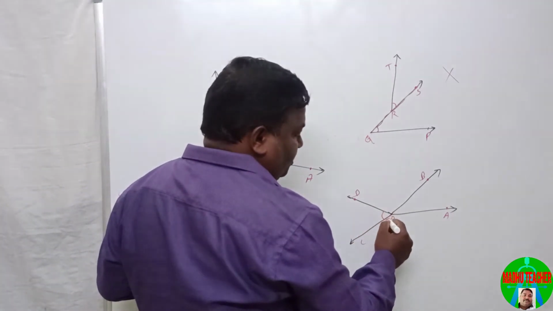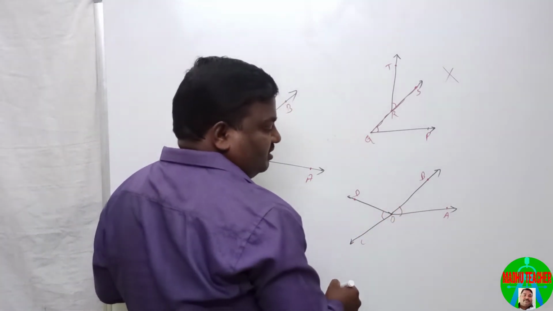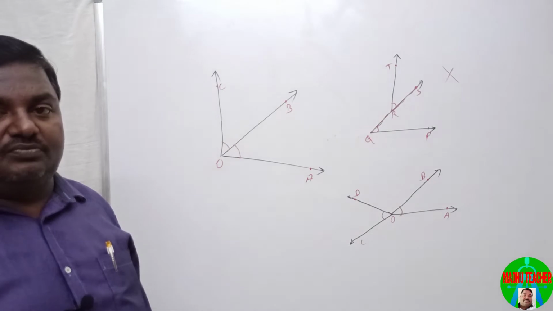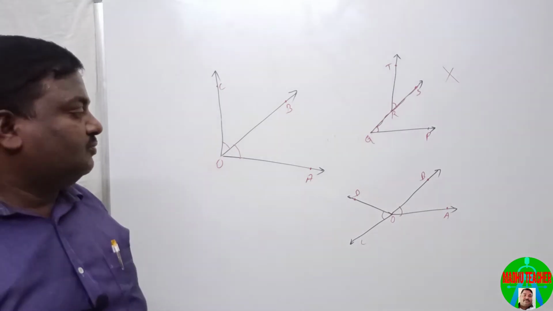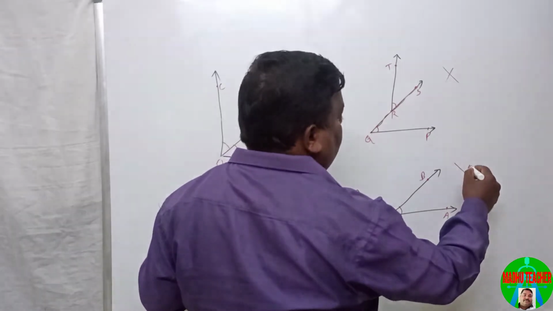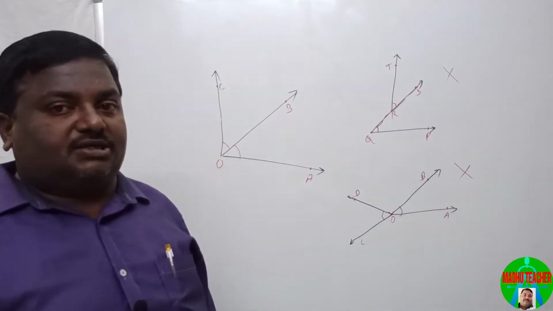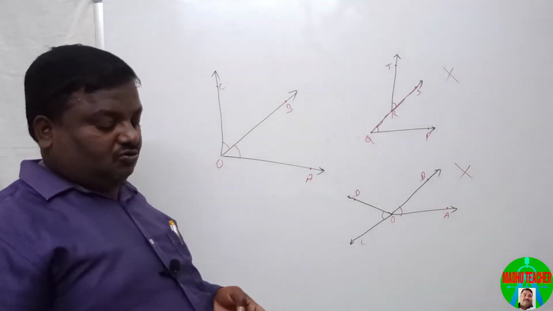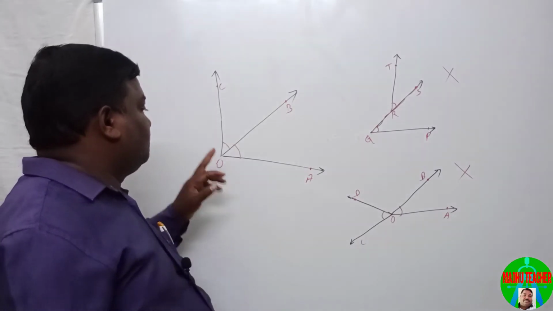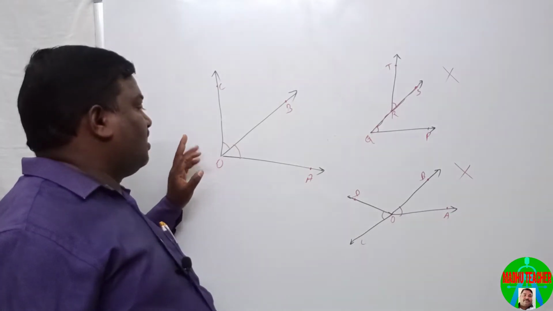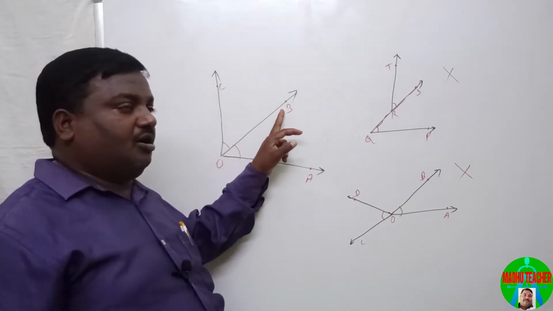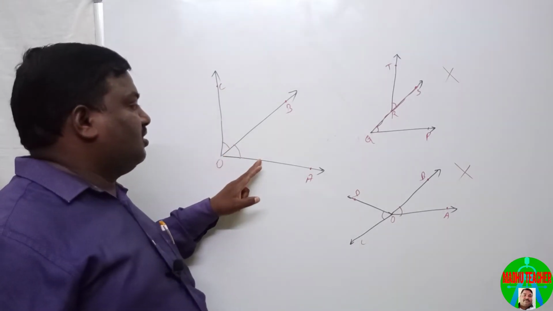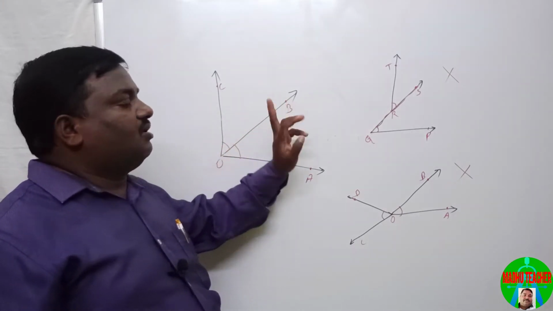Here, these two angles have a common vertex, but there is no common arm. So these two angles are also not adjacent angles. Only this is the adjacent angles. So what are adjacent angles? Two angles have a common vertex and a common arm, and non-common arms are on either side of the common arm.